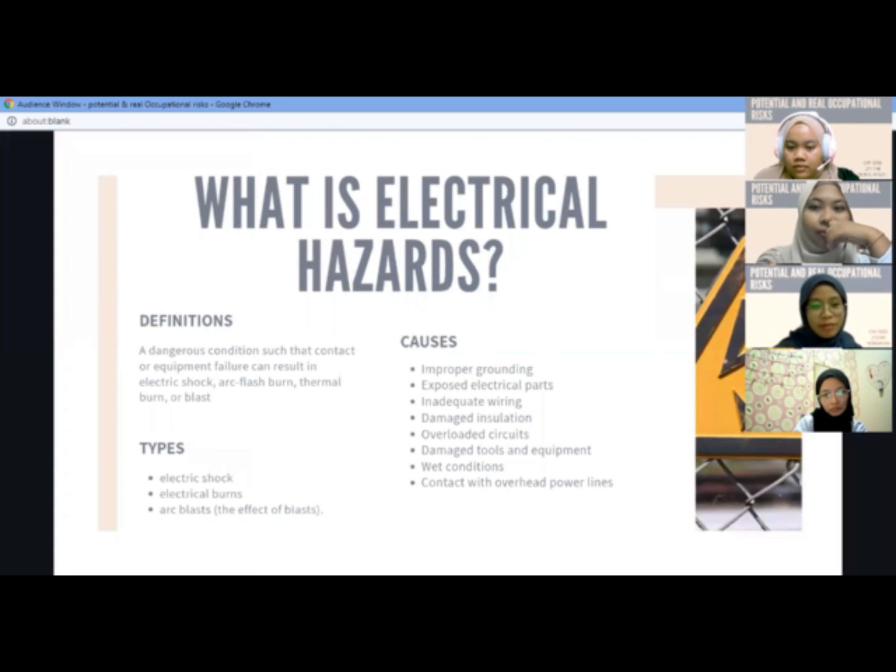So I will talk about electrical hazards. What are electrical hazards? Electrical hazards are a dangerous condition such that contact or equipment failure can result in electric shock, arc burn, thermal burn, or blast. So there are three types of electrical hazards, which are electrical shock, electrical burns, and arc blast, which is the effect of blast.